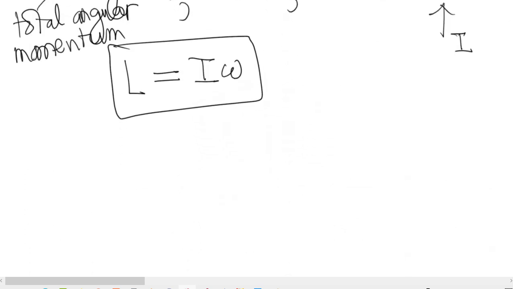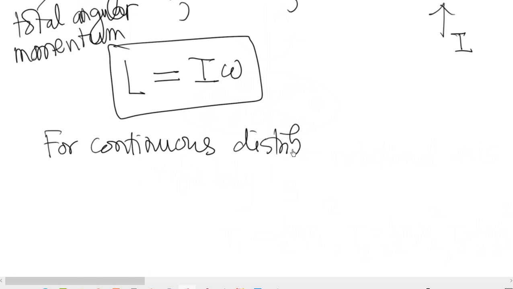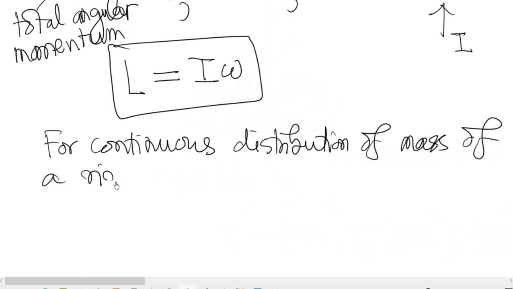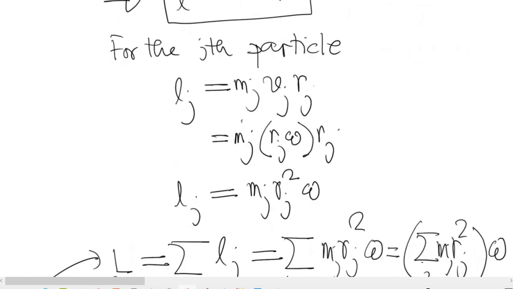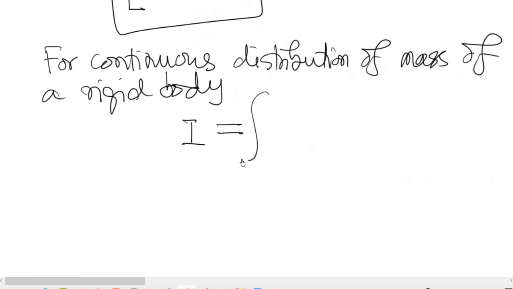I should mention here that if we have a continuous distribution of mass of a rigid body, in the case of rotation, the moment of inertia, instead of this summation, we will have to take the integration, where dm is a small portion of the total mass of the rigid body at a distance small r from the rotational axis.